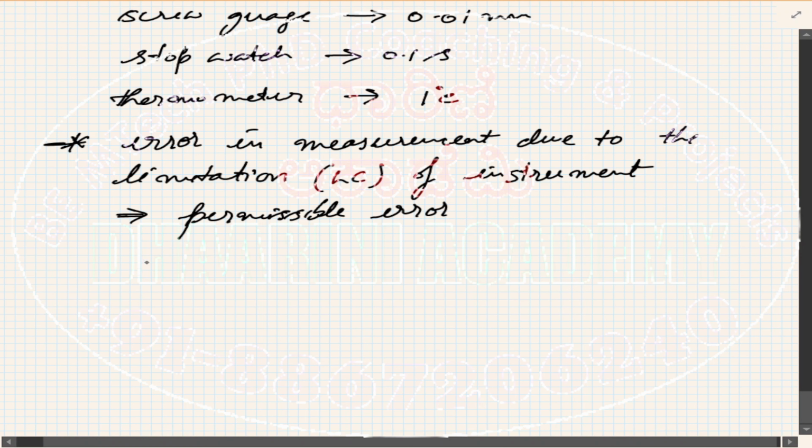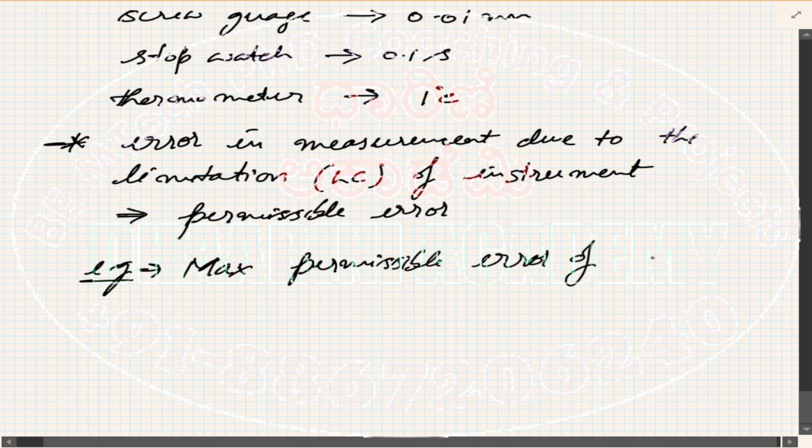So this means, for example, the maximum permissible error of a scale is 1 mm, as the least count itself is 1 mm.